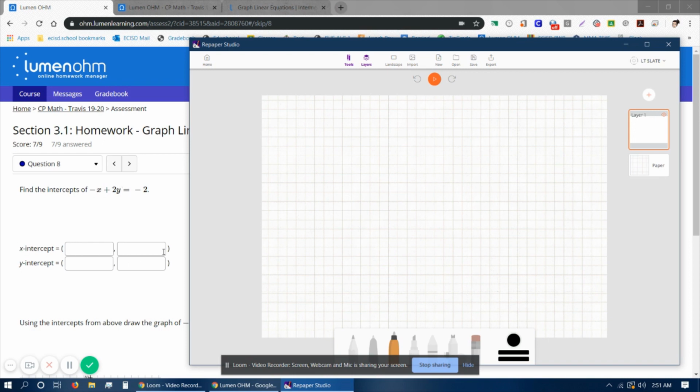For example, if I want to find the x-intercept, then I eliminate the part with y. I just plug in 0 for y. So I'll have negative x plus 2 times 0 equals negative 2. Well, 2 times 0 is going to give me 0, so I have negative x plus 0 equals negative 2.